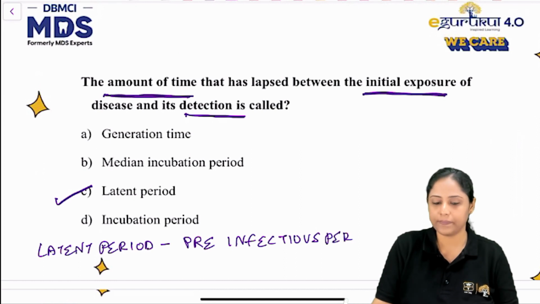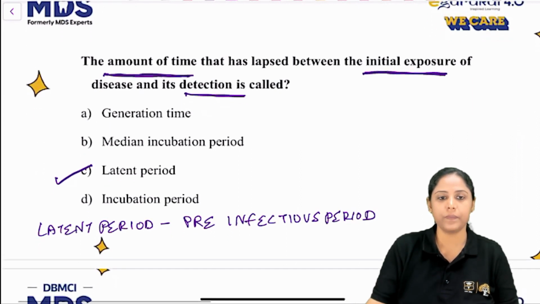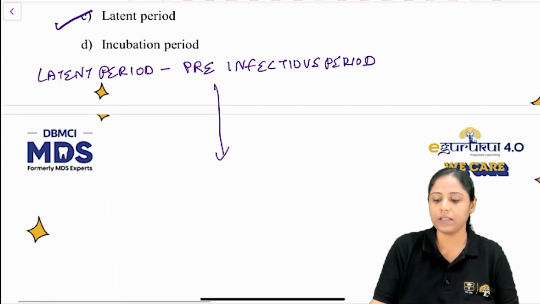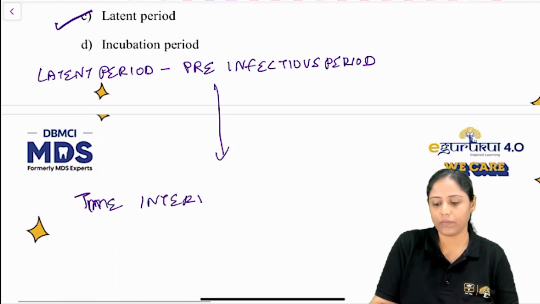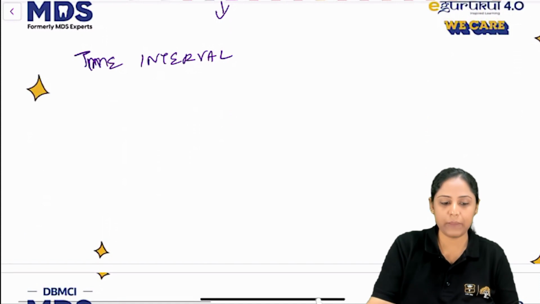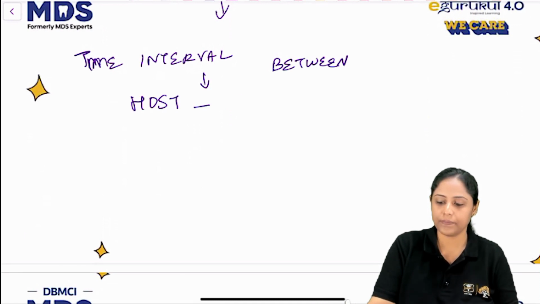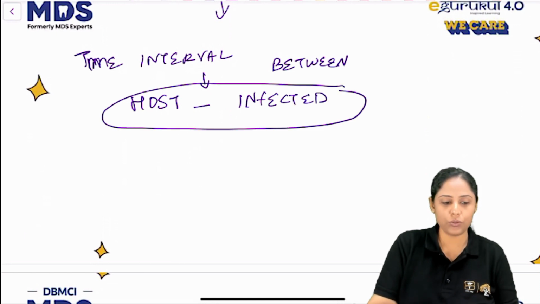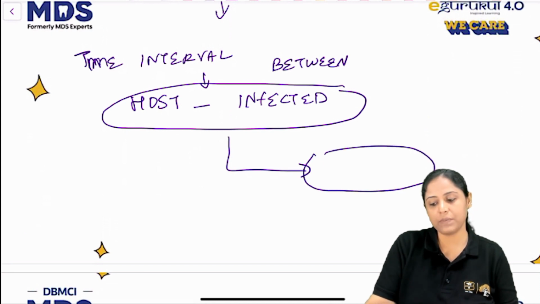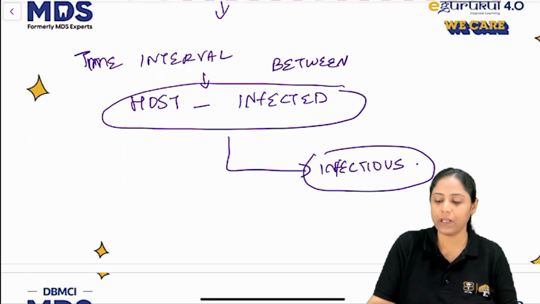Pre-infectious period is the time interval between when an individual or host is infected to the time when the individual becomes infectious, that is, capable of transmitting pathogens.